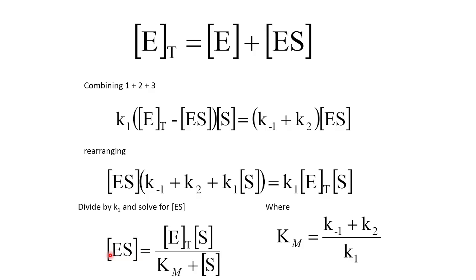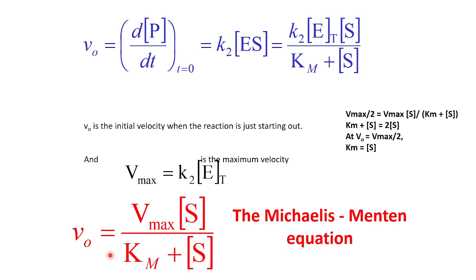So what is that Km? It's a summation of the reverse reaction K minus 1, the complex to reactant formation rate constant, and K2, the product formation rate constant. It's the summation of the two divided by K1, the forward reaction towards the complex.